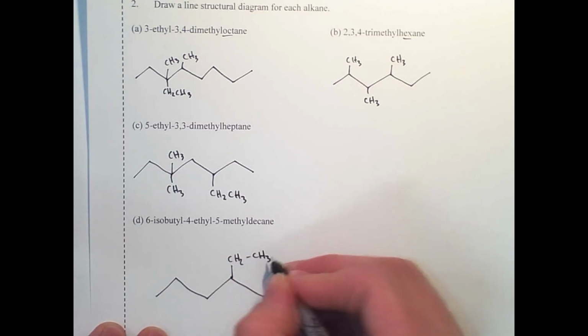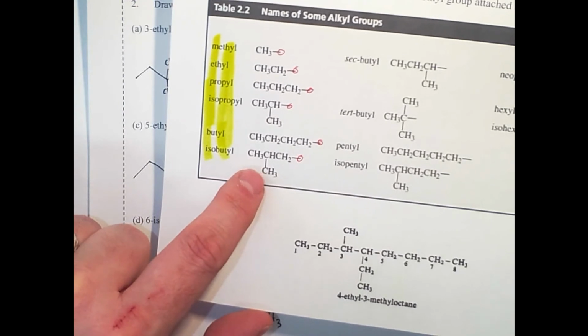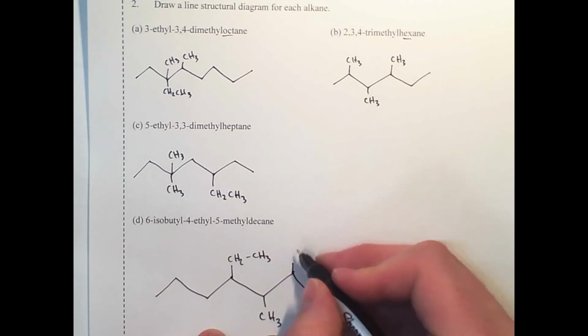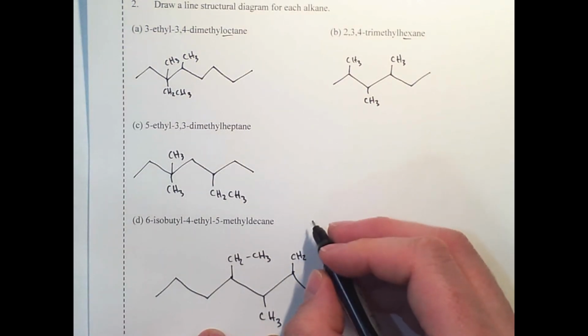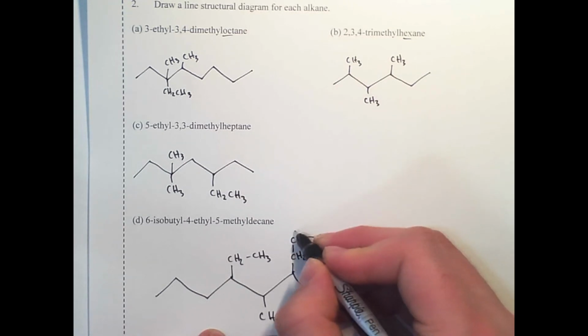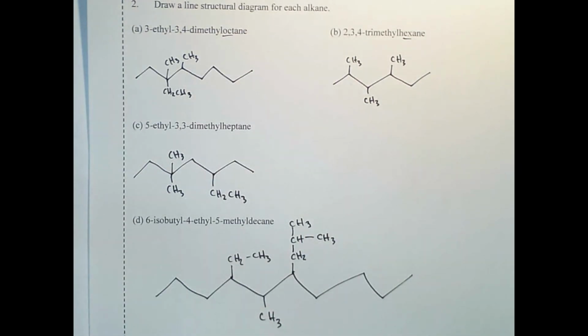Again, we've done these ones a lot. 5 methyl, and 6 is isobutyl. So 1, 2, 3, 4, 5, 6. So we're here. So isobutyl, we will draw this one. And there's your isobutyl. Again, you can do these with line diagrams as well, but this is generally fine enough.